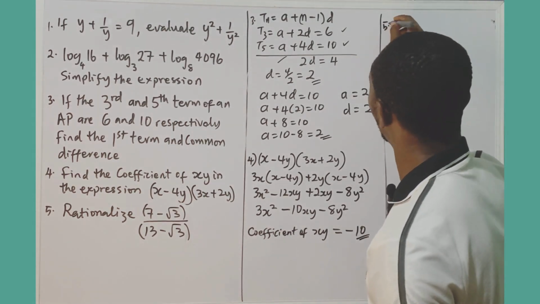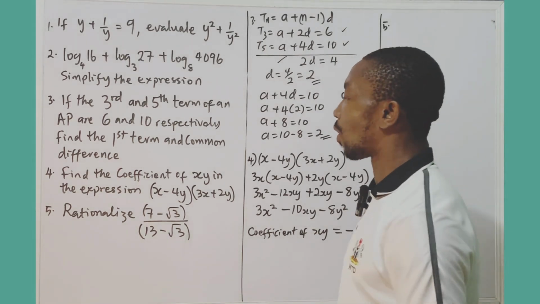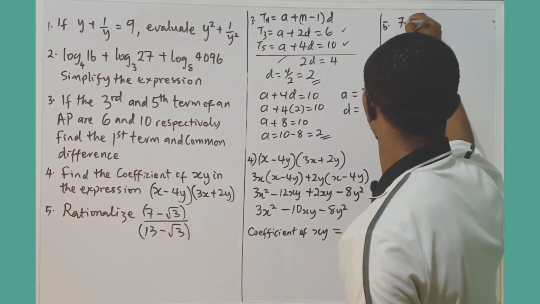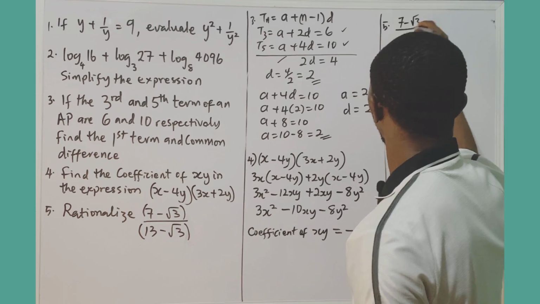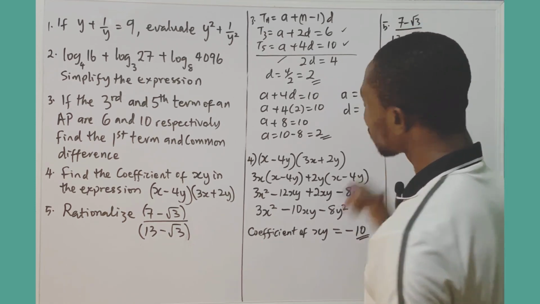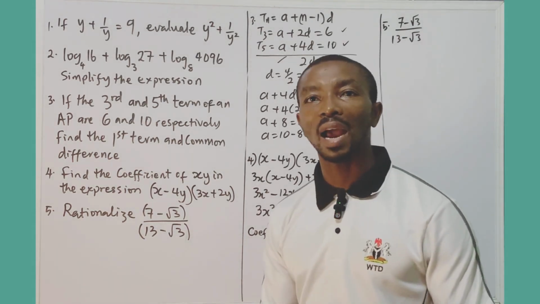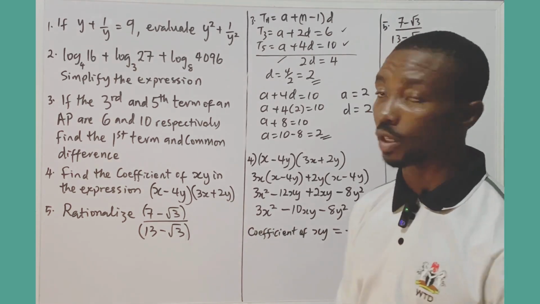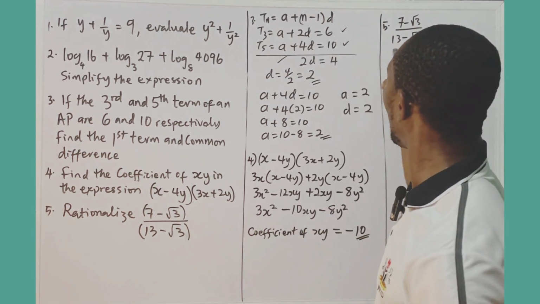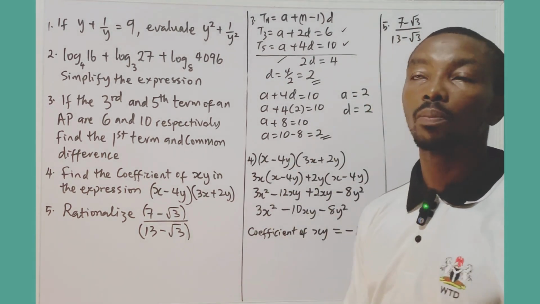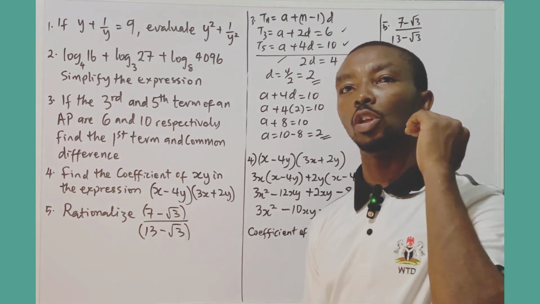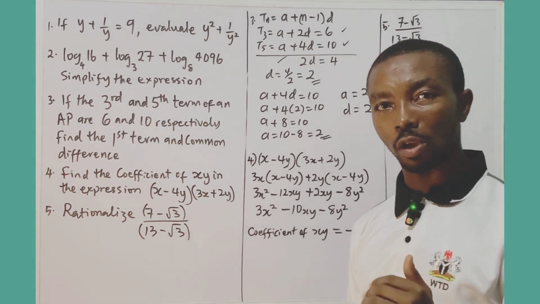Okay, to the fifth question, it says rationalize 7 minus root 3 all over 13 minus root 3. Now, in order to rationalize this particular question, what we are going to do is to use the conjugate of our denominator to multiply both the numerator and the denominator.